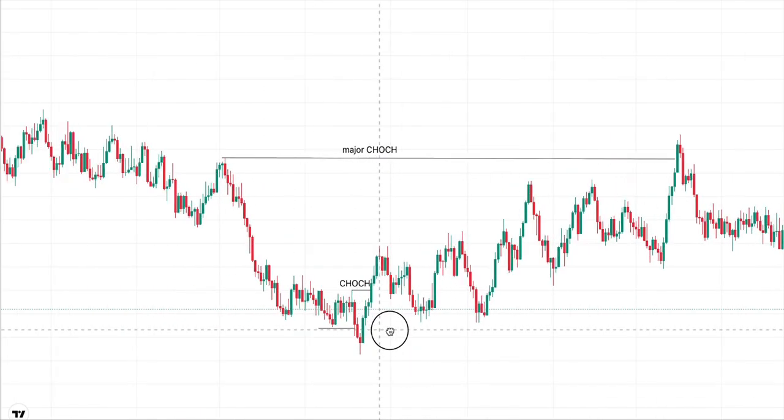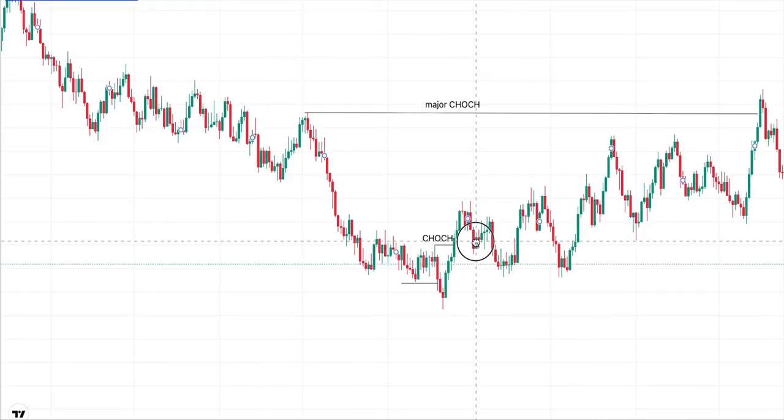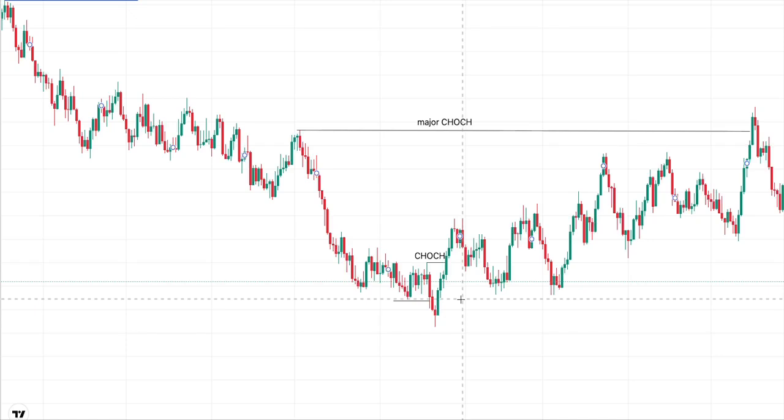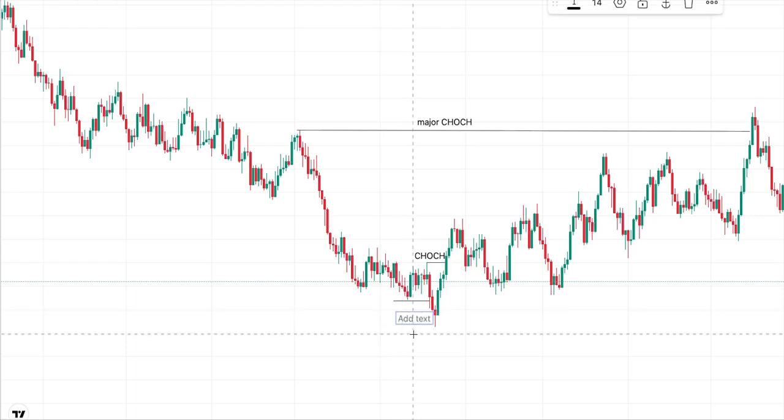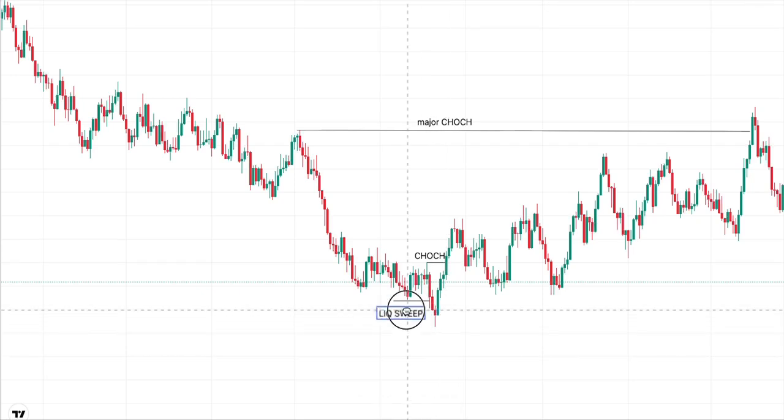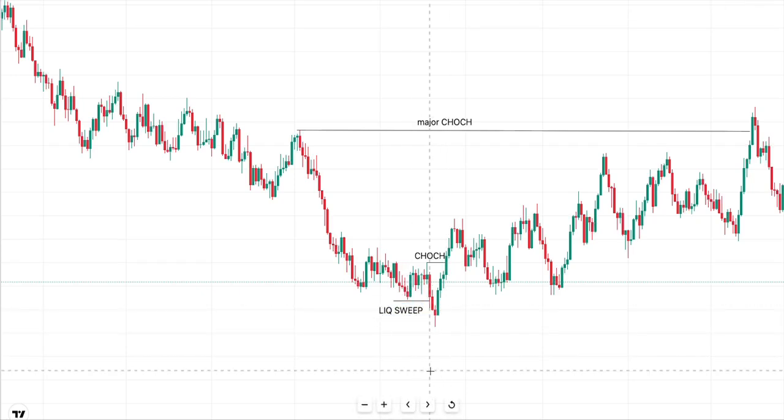Aside from that, those are not the only two things you're looking out for in the market. We're also looking out for a liquidity sweep. Was there a major liquidity sweep? Yes, the market swept liquidity. So we can highlight this and call this a liquidity sweep, a sweep of liquidity, anyhow you want to put it, but everything is the same.